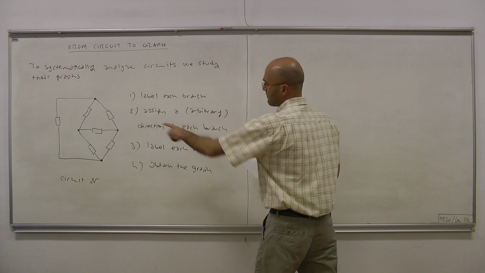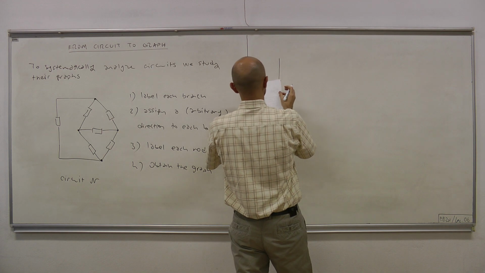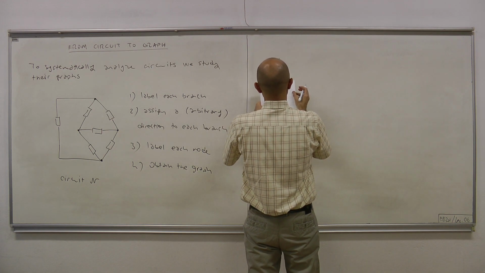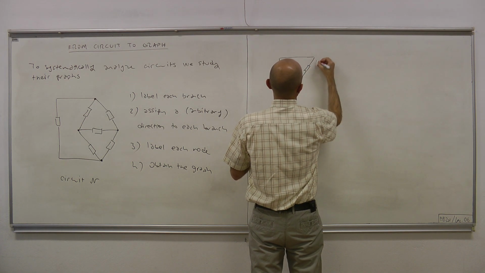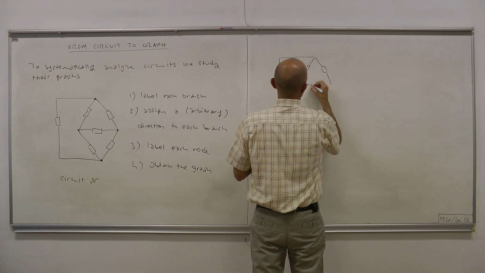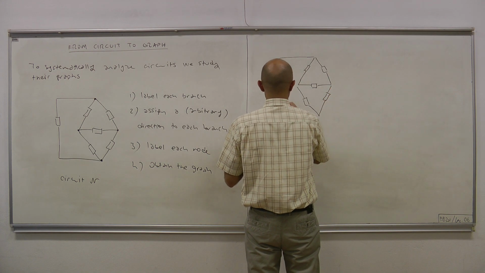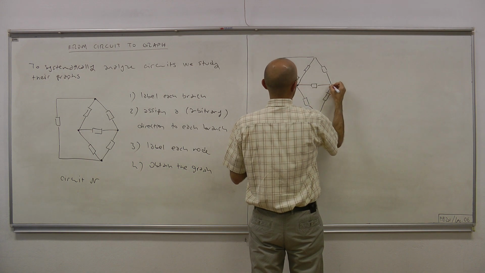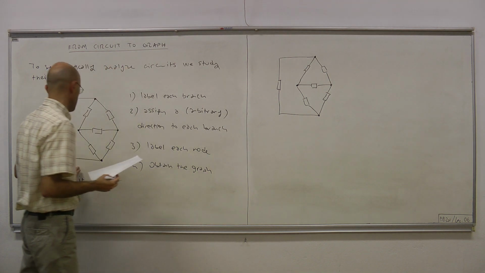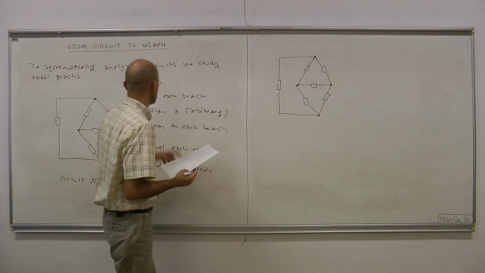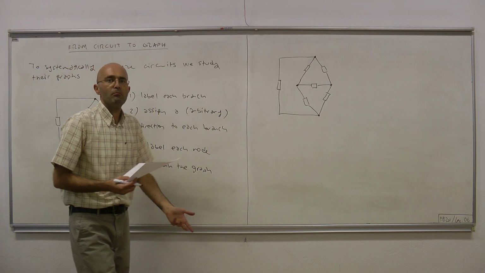So let's start with that circuit over there. Now this is our circuit. First we label each branch. Labeling means just give it a number or a letter.